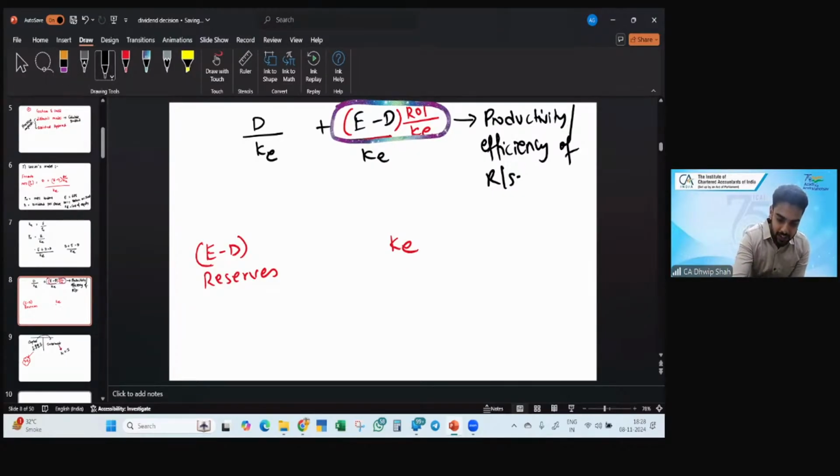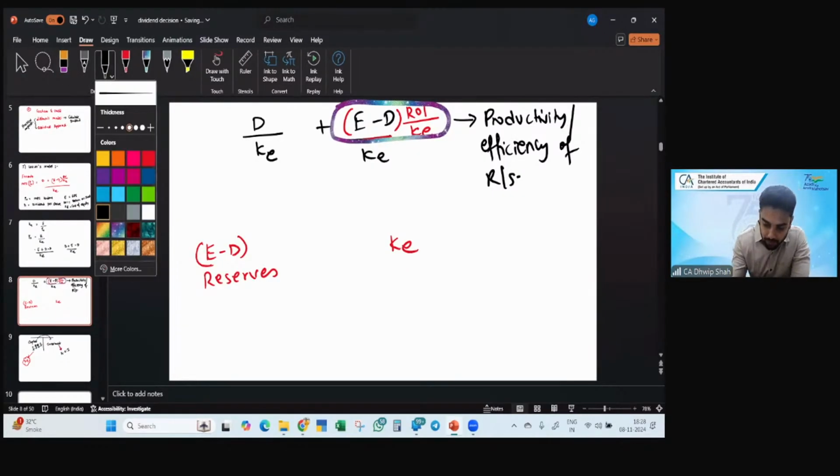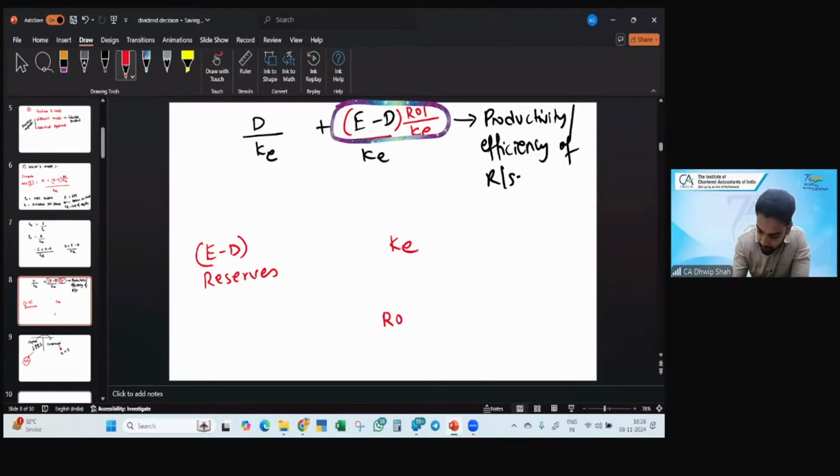But since the funds are with the company, the company has the capacity to earn ROI. Let's say reserves is rupees 100. KE, the expectation of shareholders, is 10%.